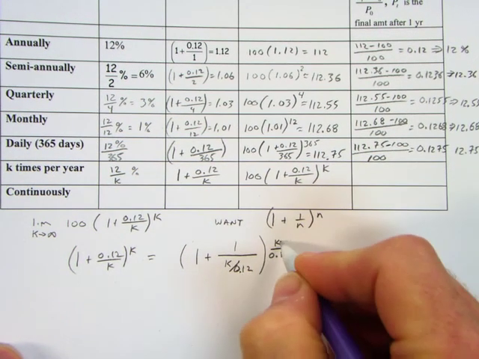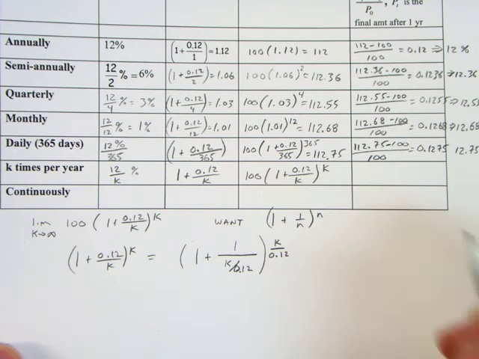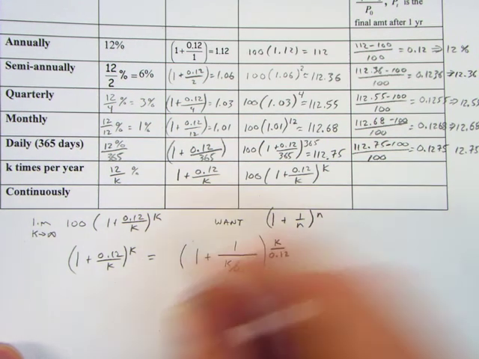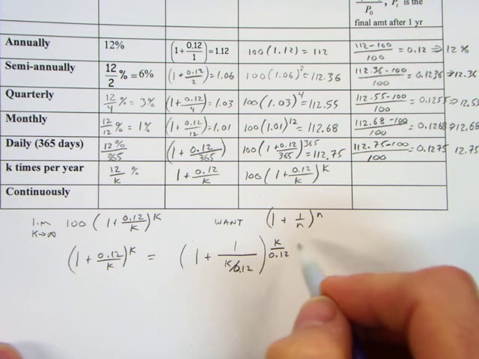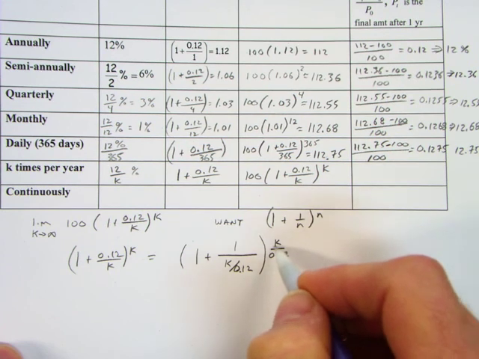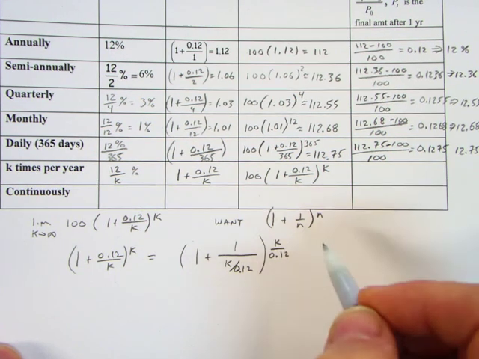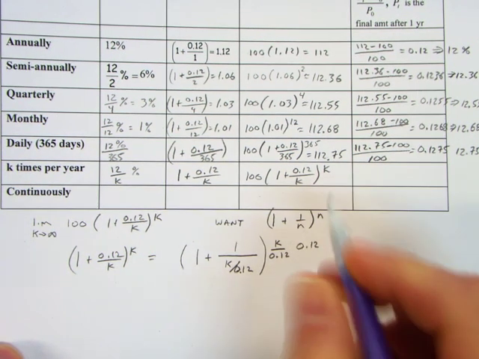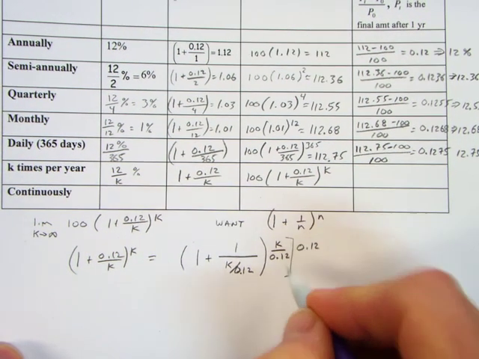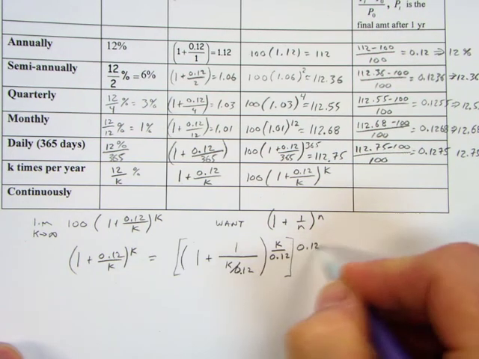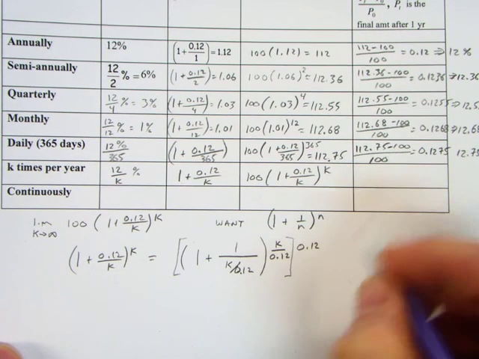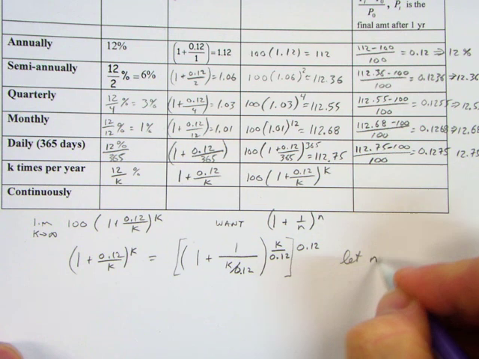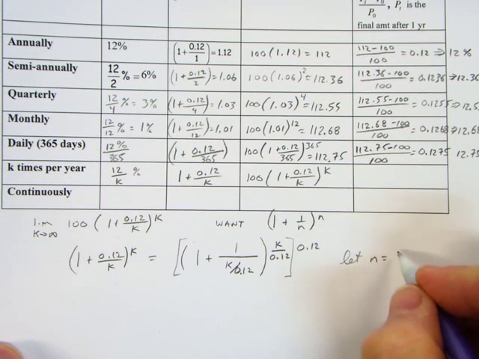But now I just changed the problem because our exponent is really k. What can I do to this to counteract this 0.12? I can multiply by 0.12. So I can raise this as a power of 0.12. Now what we're going to do is say let n equal k divided by 0.12.